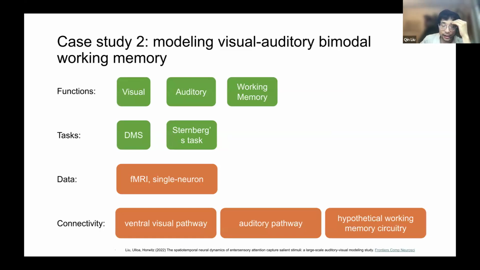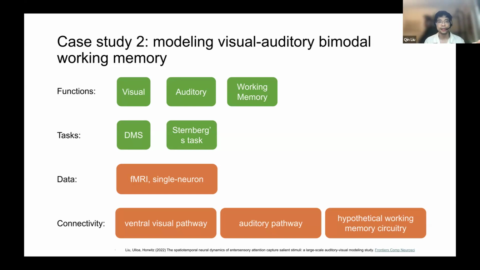Okay, so here is case study number 2. This is also one paper I published 4 years ago, which is built on top of my first study. The first study is about visual working memory, and here I built auditory processing into the model as well. So this time it's a visual-auditory bimodal working memory. The functions I want to study this time are visual processing, auditory processing, and working memory.